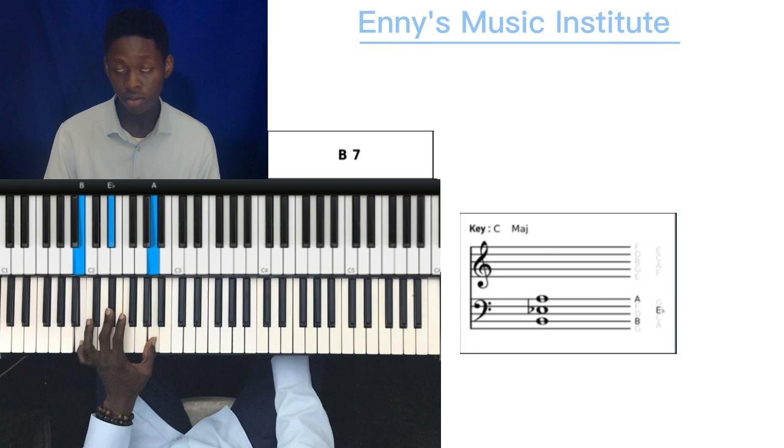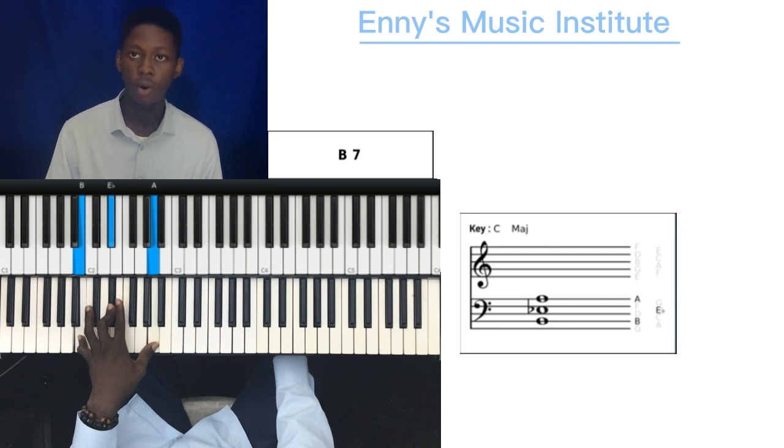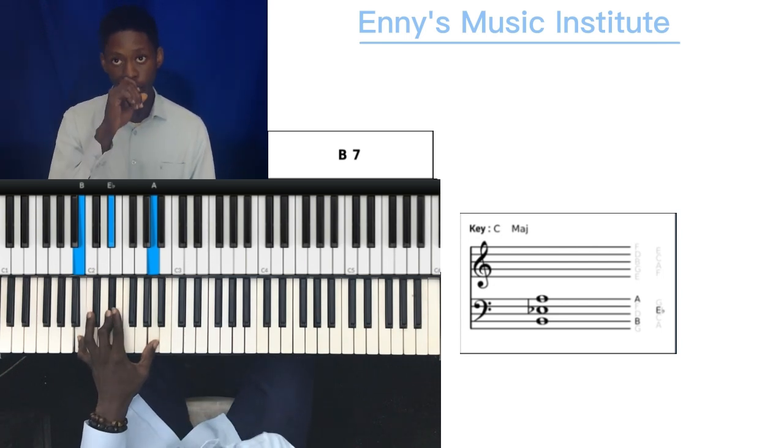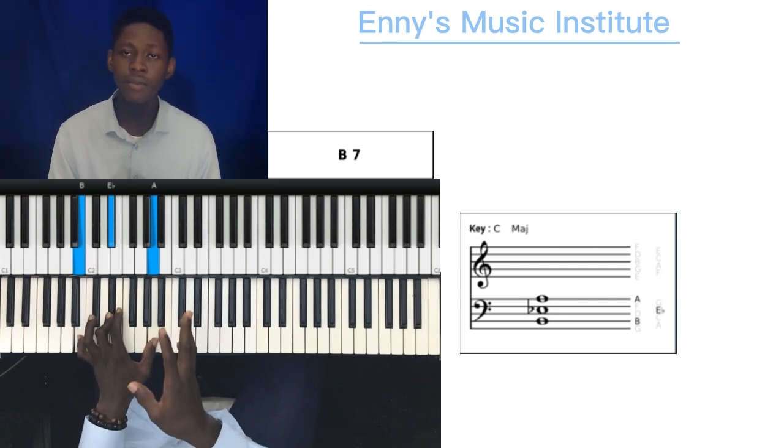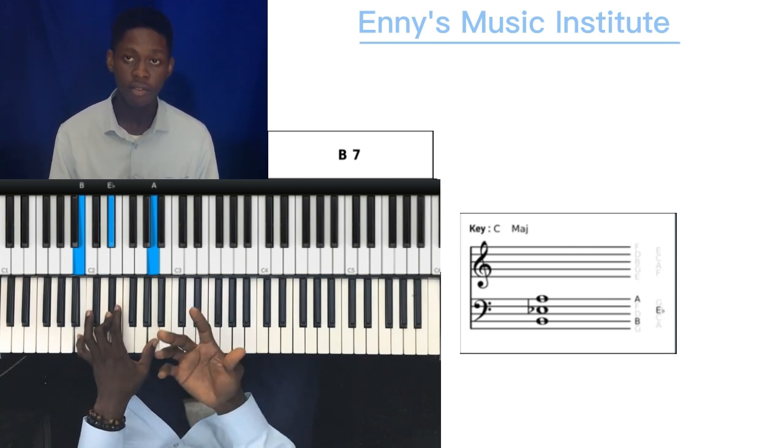That's still displayed as a B dominant 7 chord on the screen. So whether we have the 5 in there or we omit the 5, we still have a B dominant 7th chord. So I just want you to know that the third and the 7th are the most important factor in a 7th chord.